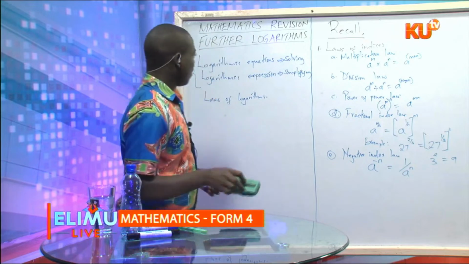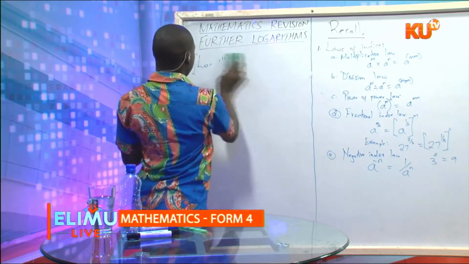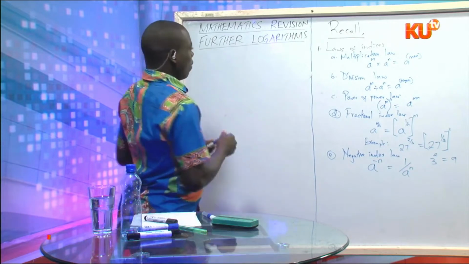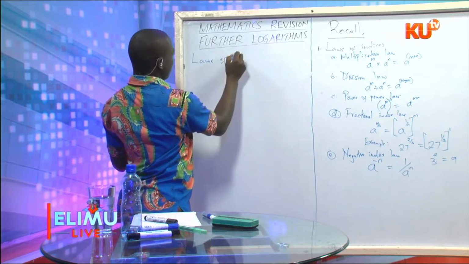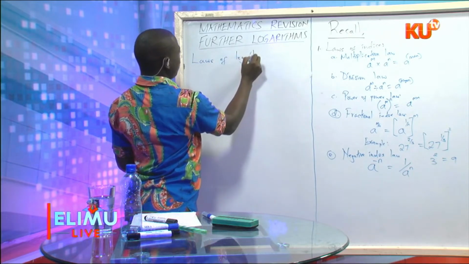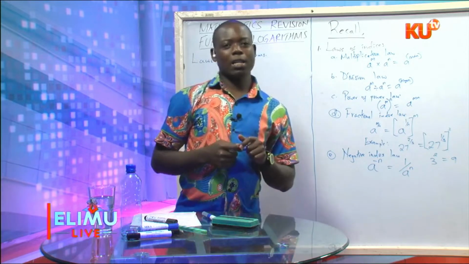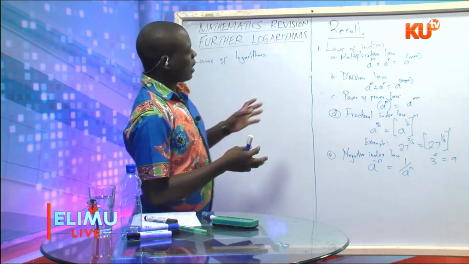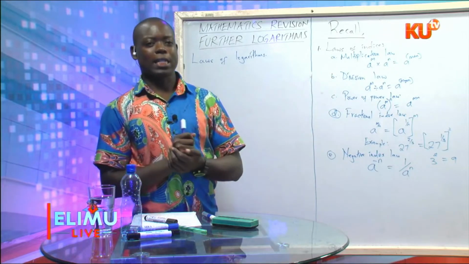Number 3, I want you also to remember something about logarithms. We have what we call the laws of logarithms. As you will realize, these laws of logarithms are generated from the application of the laws of indices.